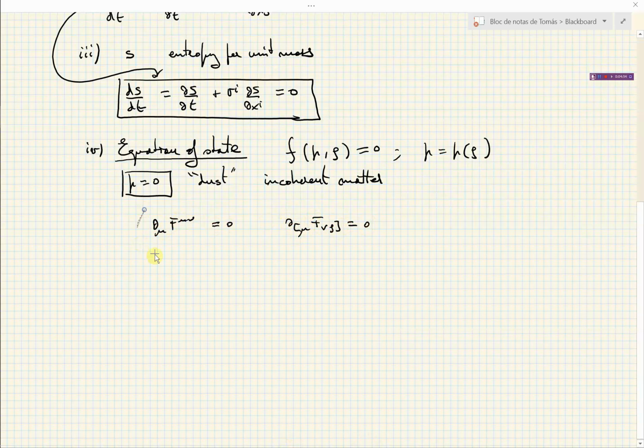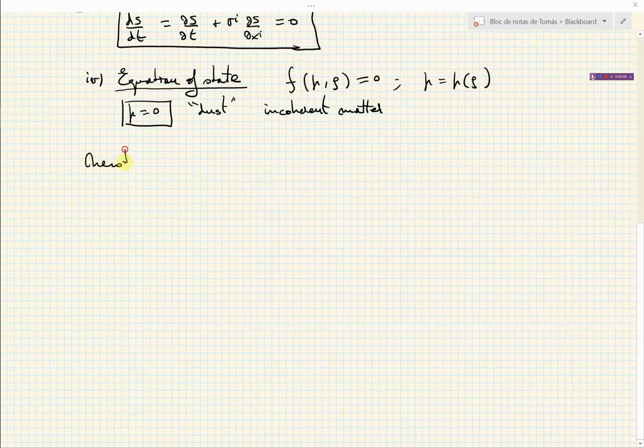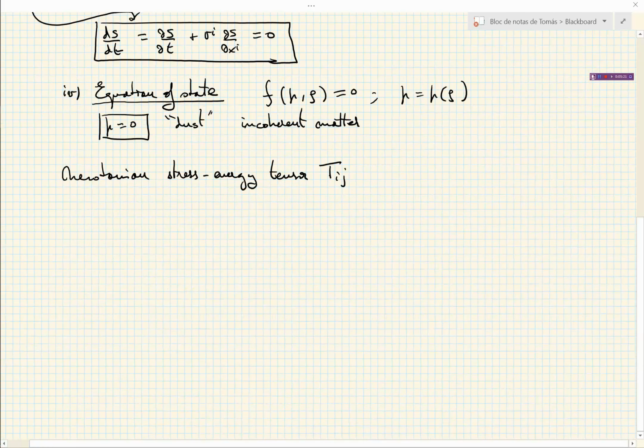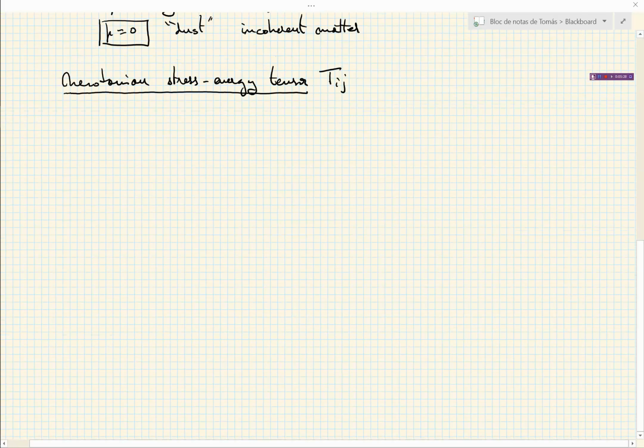We can combine several of these equations into a more compact form using something called the Newtonian stress energy tensor, that we will write T_ij, and in some places is denoted by pi_ij.